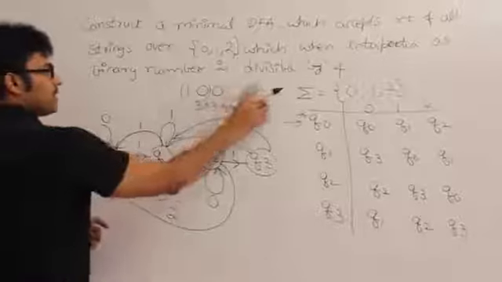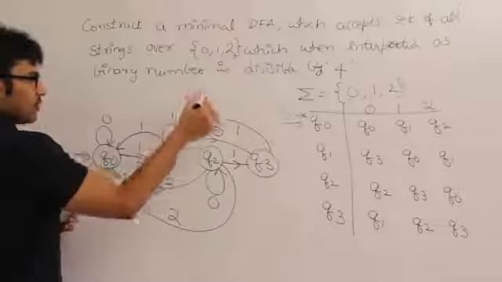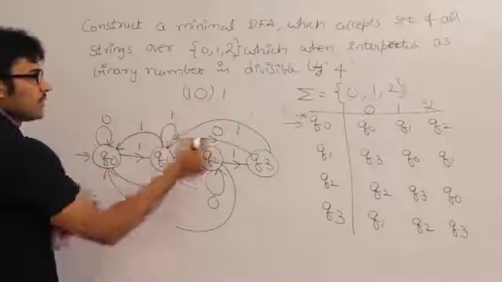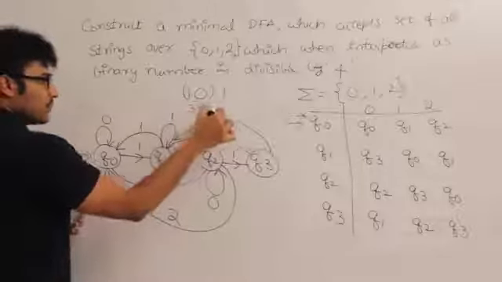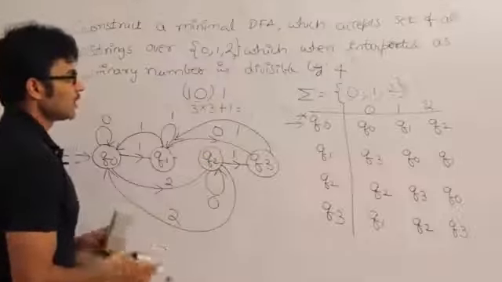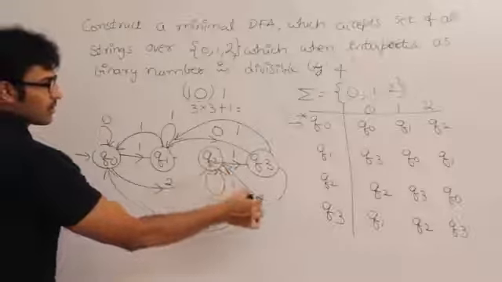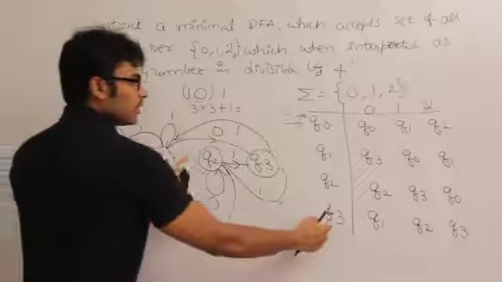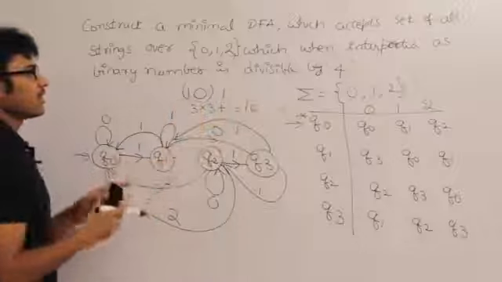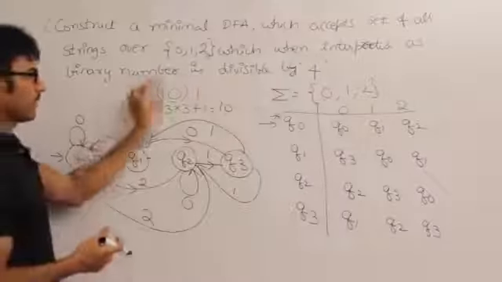Next, let us say you are in Q3, which means you have seen 1 0. Now if you see a 1 on it, this entire thing is 3, and 3 into 3 plus 1 is 10. So 10 when divided by 4 gives a remainder of 2. Therefore Q3 on 1 is going to go to Q2.